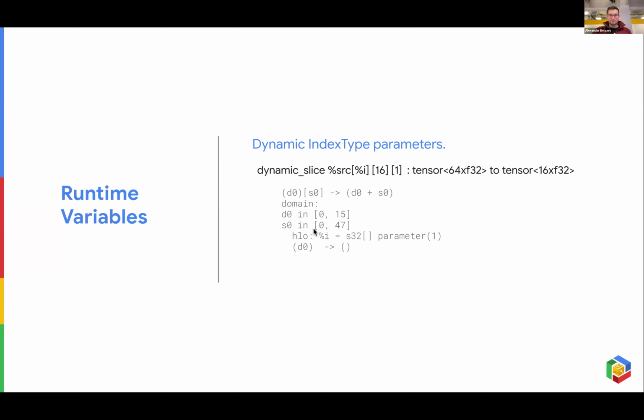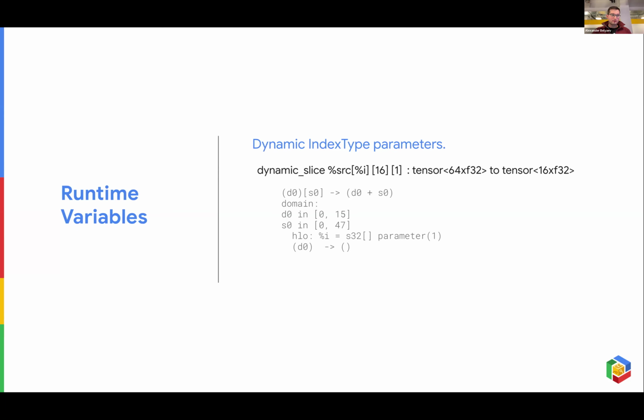And we have S0 that goes from 0 to 47, because those are the feasible values of your offset, otherwise you get out of bounds. You can extract 16 elements only if you start at index 0 or all the way up to 47. And here we also specify the HLO that provides this index.